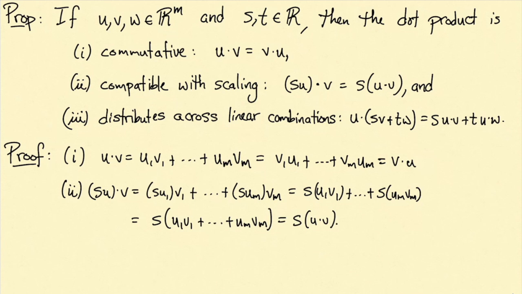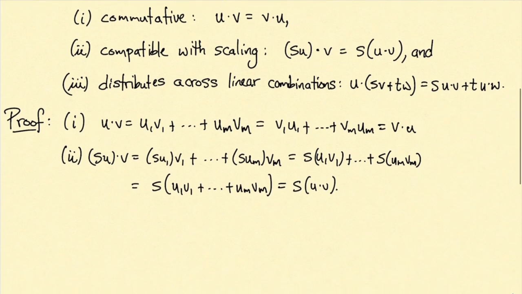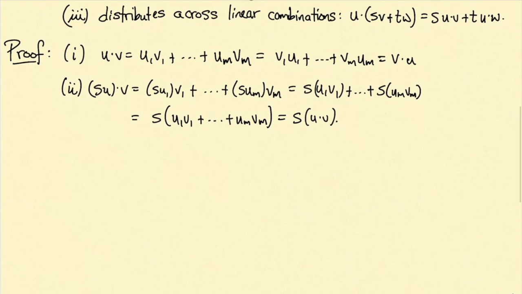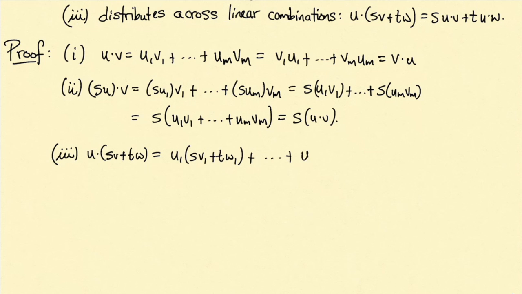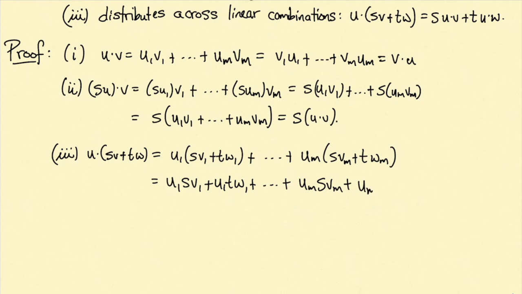The third property uses the distributive, associative, and commutative properties of the real numbers. So if we take u and we dot it with the vector sv plus tw, we'll get u1 times sv1 plus tw1 plus etc. plus um times svm plus twm. Now we can distribute the u's across each of these sums.